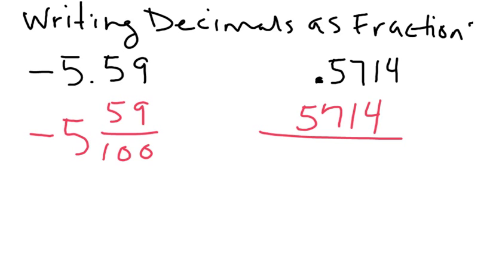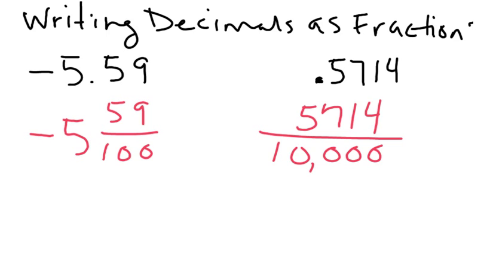Well, again, you go back to the place value and you say, oh, that's tenths, hundredths, thousandths, 10,000ths. Or you go 1, 2, 3, 4, 4 zeros. Either way, that works. So that's 10,000ths. 4 zeros.